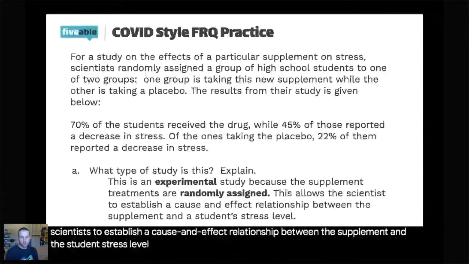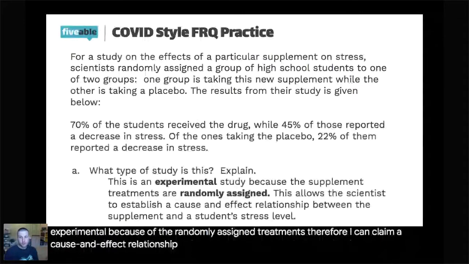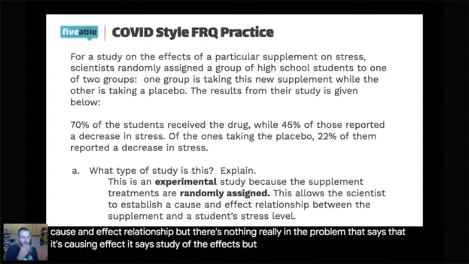I would be sure, like Riley with your answer, it is experimental because of the randomly assigned treatments. Therefore, I can claim a cause and effect relationship. But there's nothing really in the problem that says that it's cause and effect. It says study of the effects, but the randomly assigned treatments is what you're looking for.